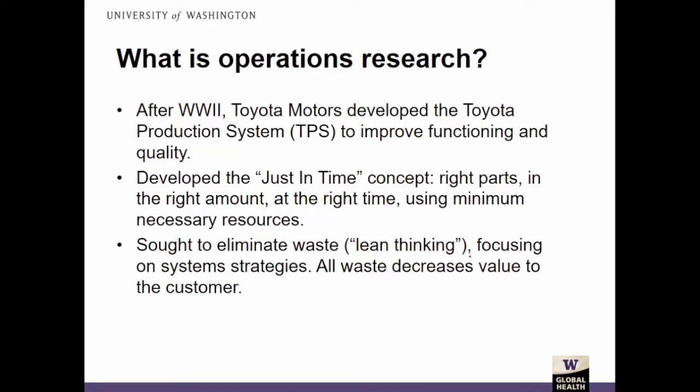The idea that the production system should provide the right parts in the right amount at the right time using minimum necessary resources. So at all areas of their car production systems, they have focused on eliminating what they call waste, using production systems level strategies. And the idea is that all waste decreases value to the customer.